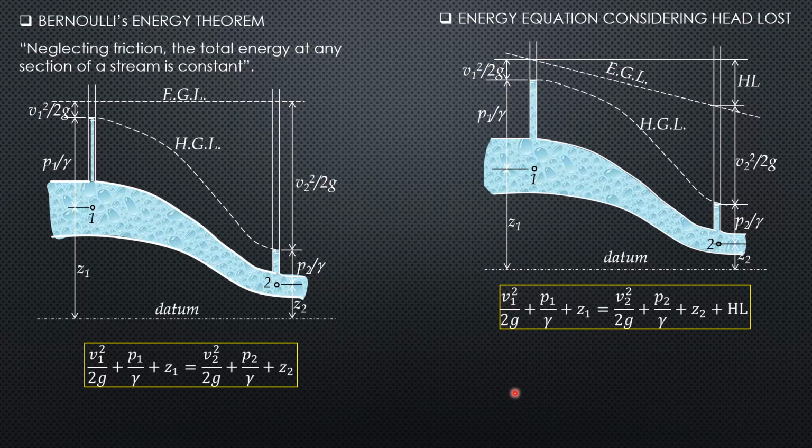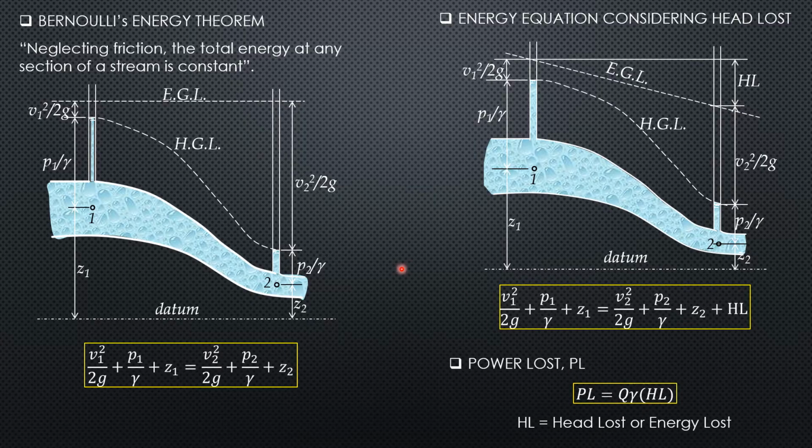So that's the energy equation at section 2. Power loss, therefore, considering head loss, would be weight flow rate times the head loss. It may be expressed in watts or kilowatts, depending on you.